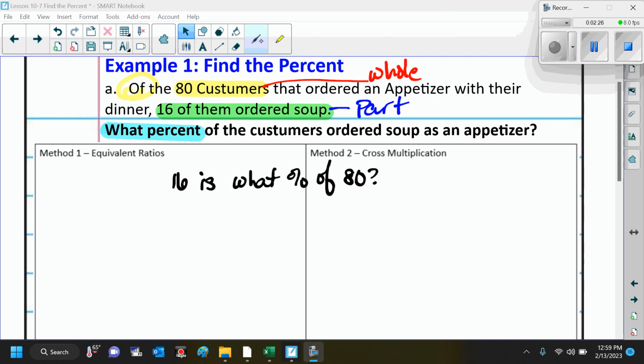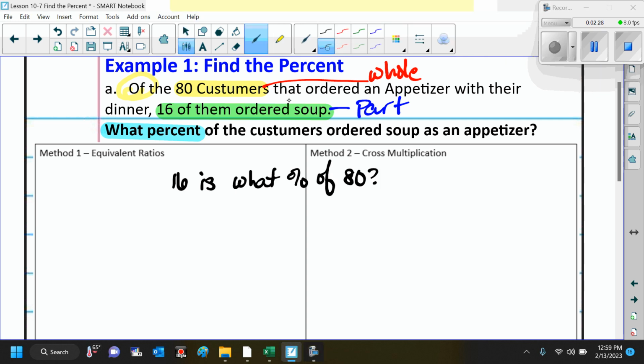So let's set up our proportion. Again, our formula is percent over 100 is equal to the part over the whole. Well, it says here, what percent? We don't know what that is. That's going to be our x.